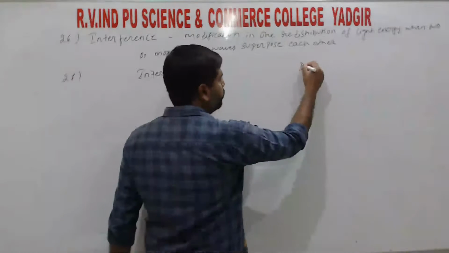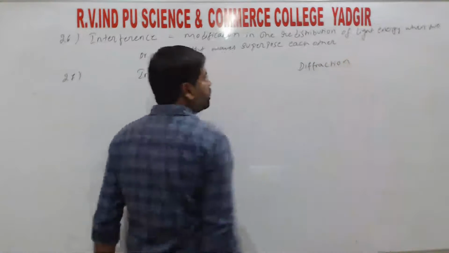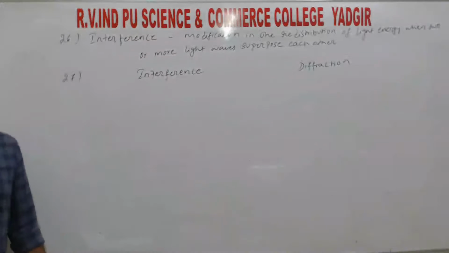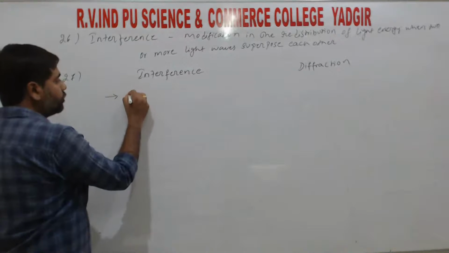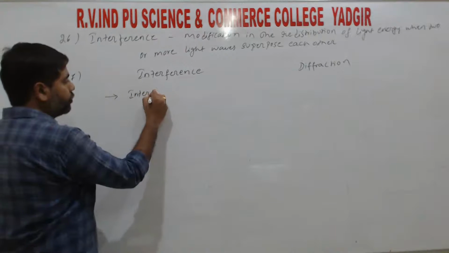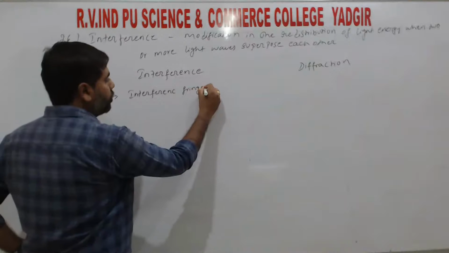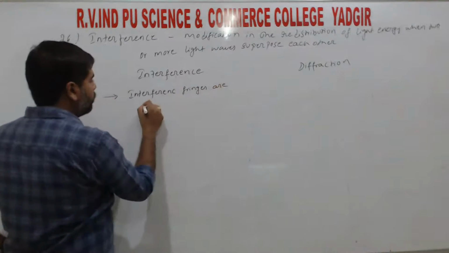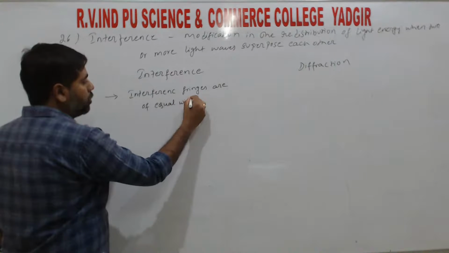Interference and diffraction, right? So the first point is: interference fringes are of equal width.